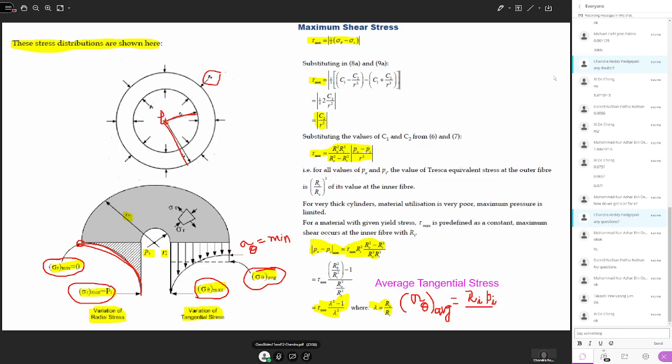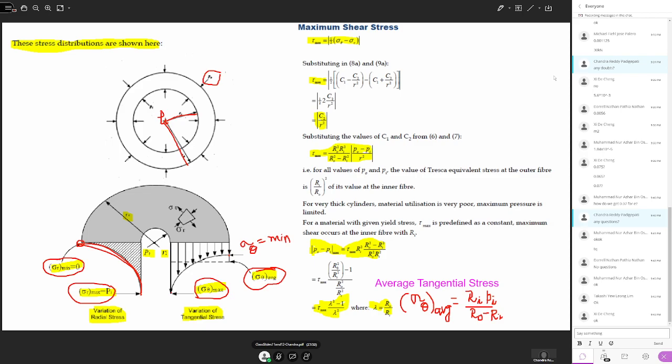We can write the thickness as outer radius minus inner radius. This is how we can calculate the average tangential stress.